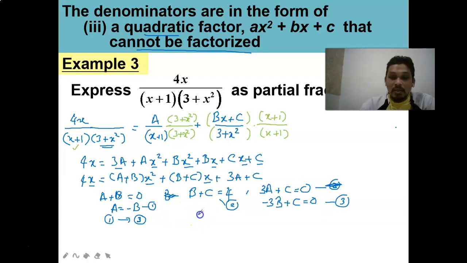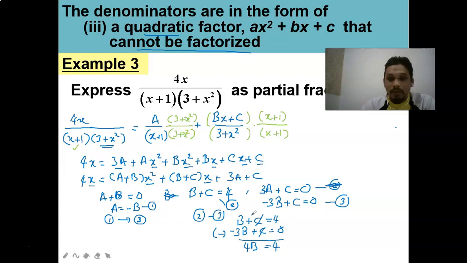Then equation 2 minus equation 3: B + C = 4, negative 3B + C = 0. C minus C equals 0, negative becomes positive, so B + 3B equals 4B, equals 4 minus 0, which is 4. So B equals 1.